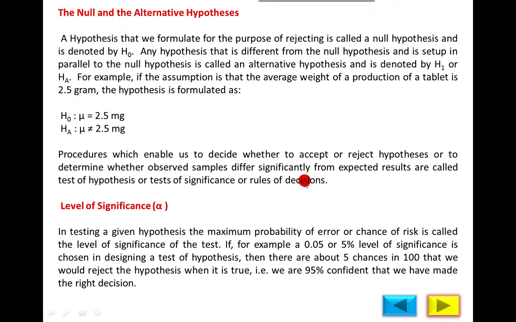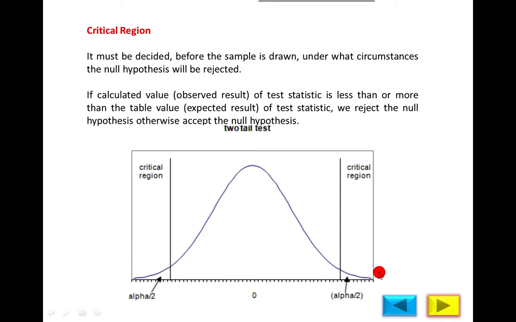Not equal to means less than and more than both, so it is called a two-tail test. If you have only the left-hand side or right-hand side, it is called a one-tail test. The critical region is also called the rejected region. If the calculated value lies in the acceptance region, we accept the null hypothesis. If it lies in the rejected region, we reject the null hypothesis. Okay.